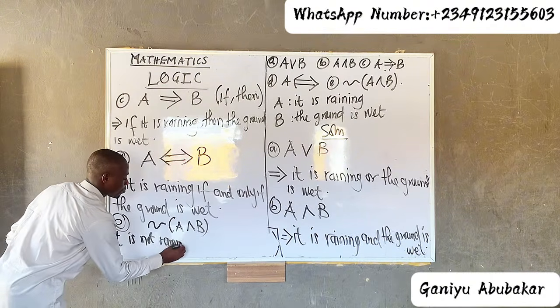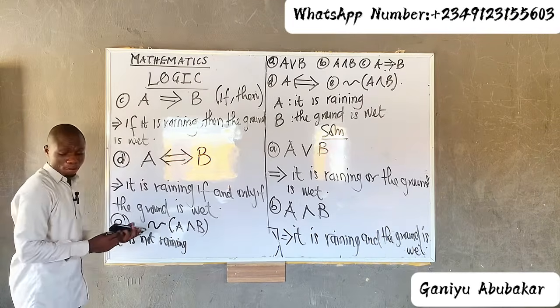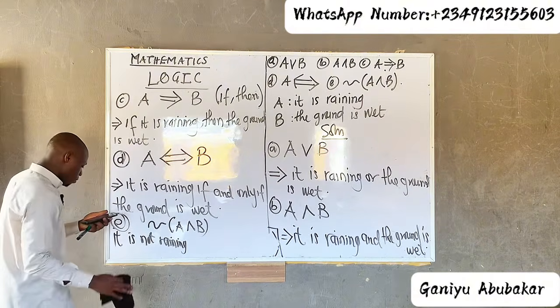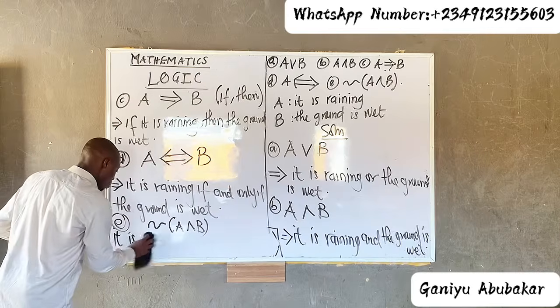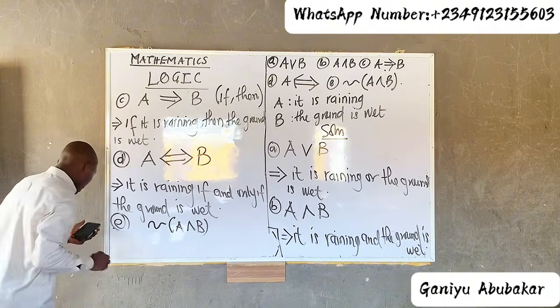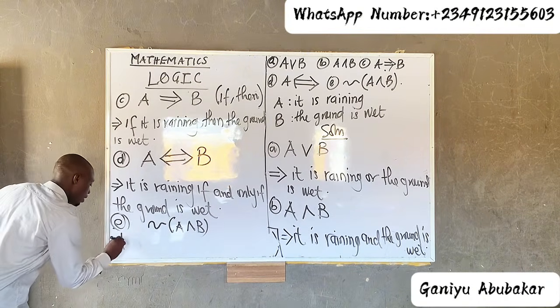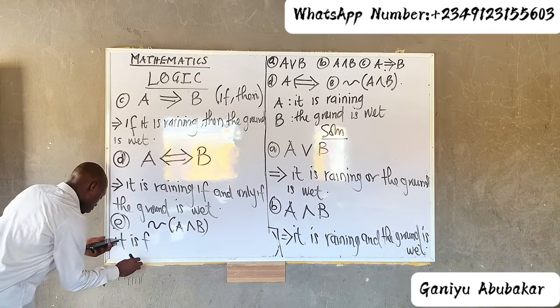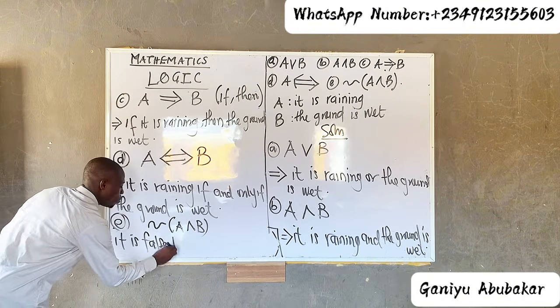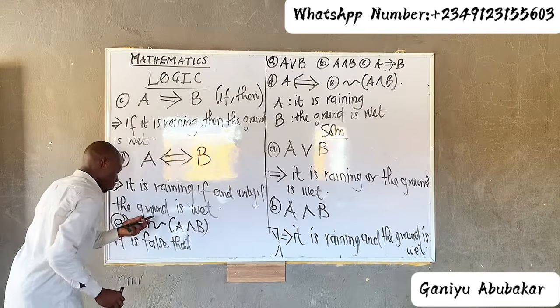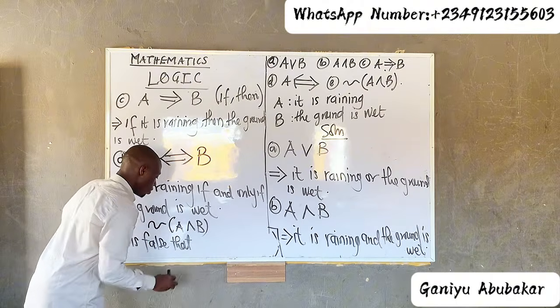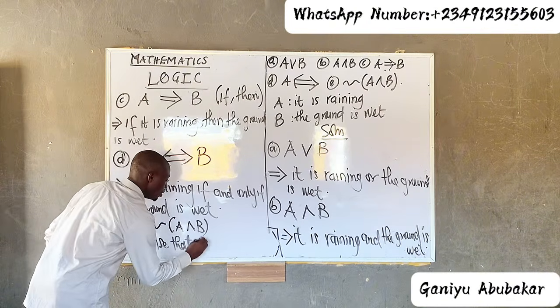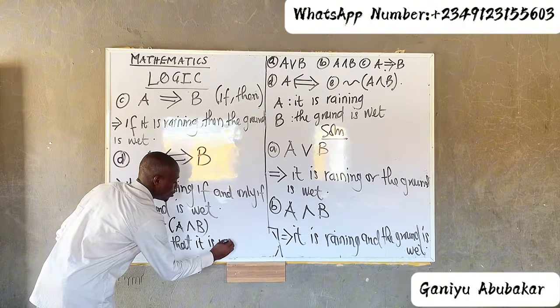Or, in better form, you write it as "it is false that it is raining and the ground is wet."